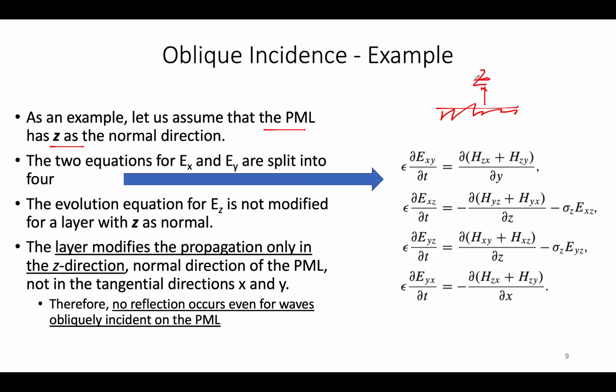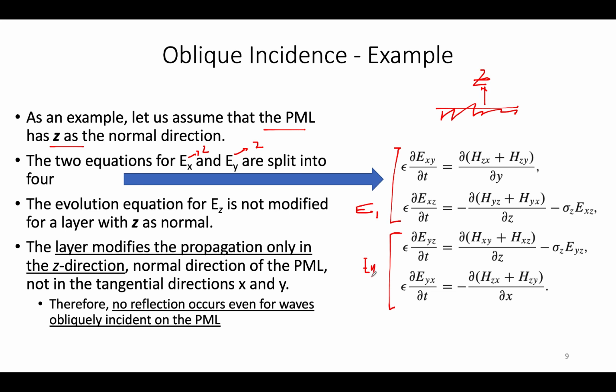So what we're going to do is to split the two equations for Ex and Ey into four equations. Instead of having only two equations for the two components, we split Ex into more equations and Ey into more equations. We have this one for Ex and this one for Ey.